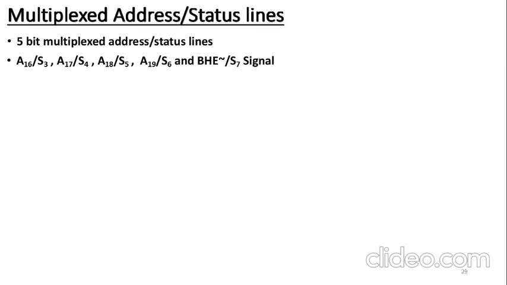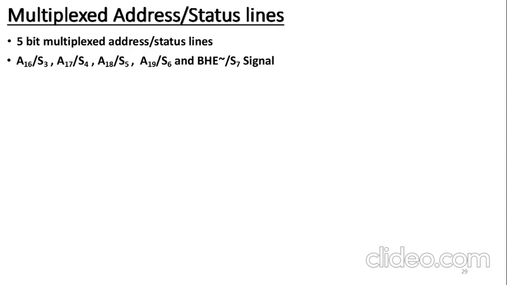Now the next multiplexed bus here is the multiplexed address status lines. It contains in all 5 multiplexed address status lines, and these are address bit 16 multiplexed with status signal S3, A17 with S4, A18 with S5, A19 with S6, and the BHE bar signal along with the S7 status bit.